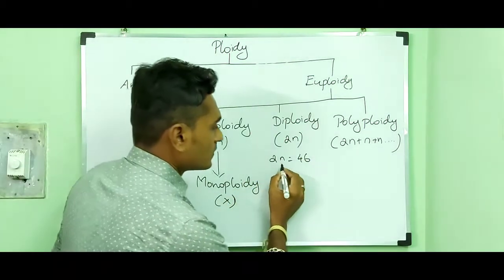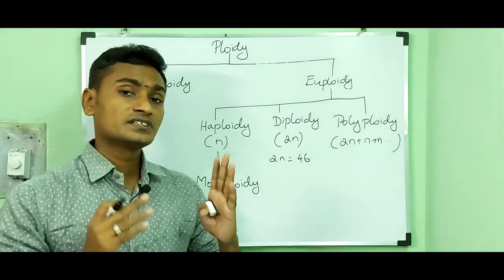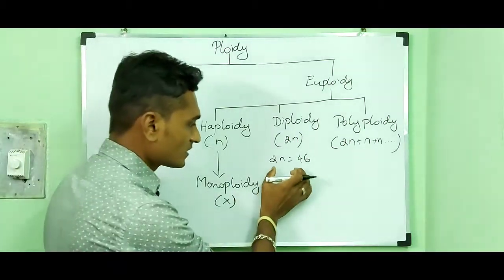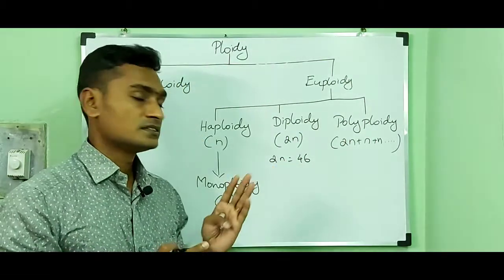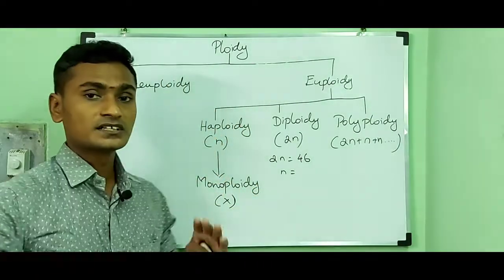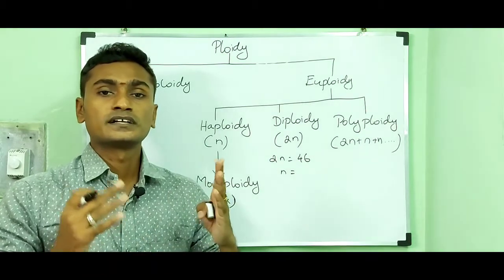During gametogenesis, this 2n is reduced into n set of chromosomes because it undergoes meiosis, that is the reduction division.